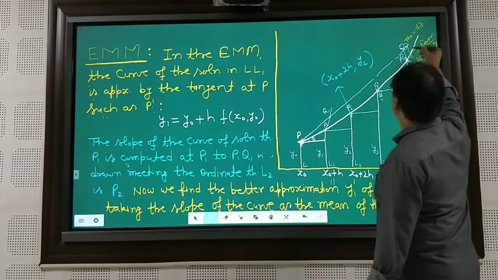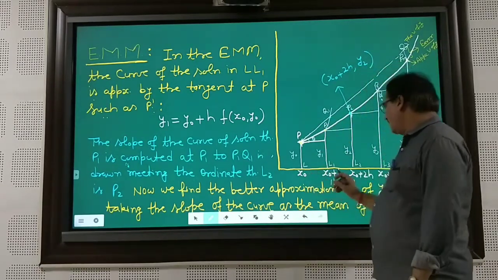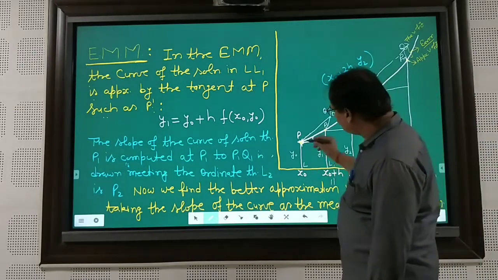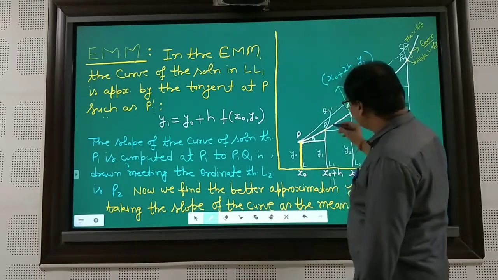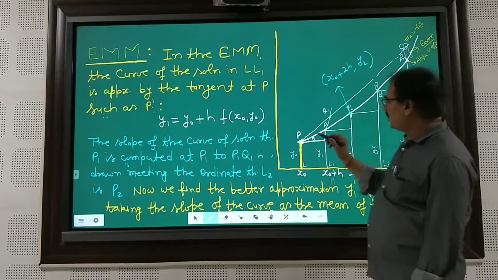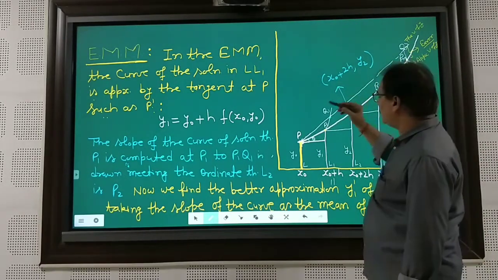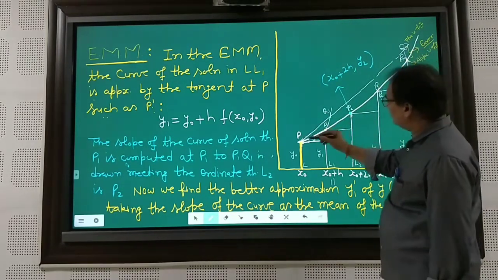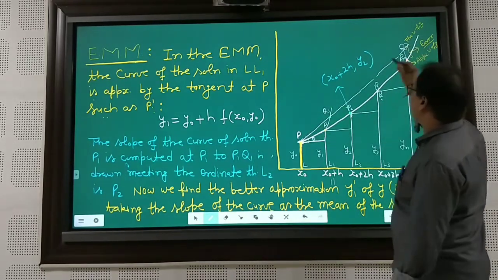These are the ordinates x0, x1, x2, x3 up to xn, and y0, y1, y2, y3, and yn. We consider the points P, P1, P2, P3 up to Pn, and the straight line is already described here, between P and Q.